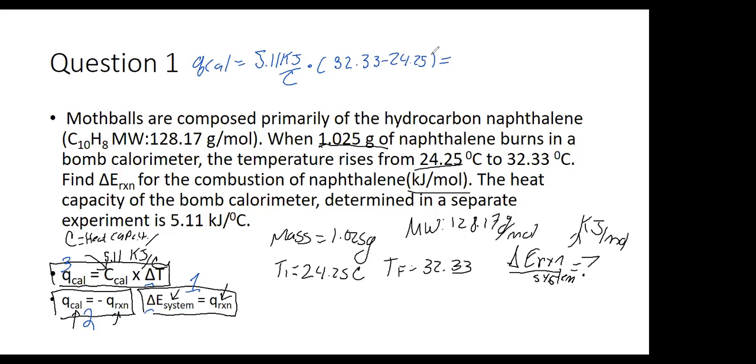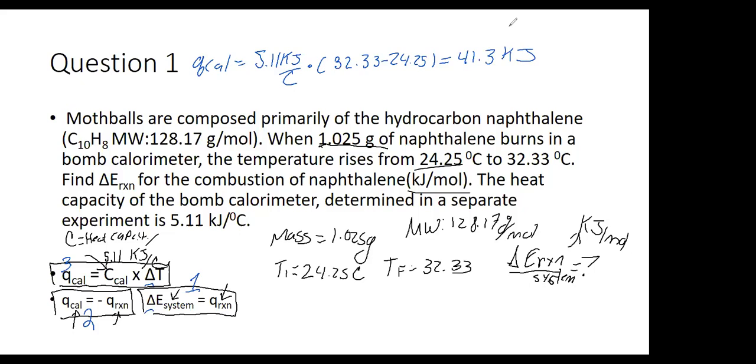So the heat absorbed by our calorimeter was what, 41.3 kilojoules. So that is how much heat was absorbed by our calorimeter.